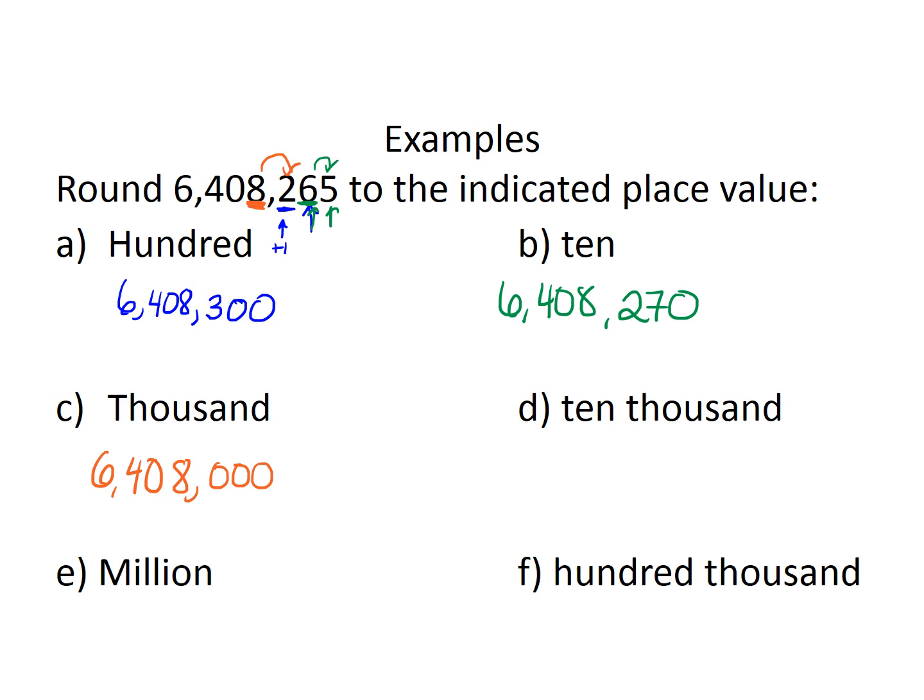And 10,000 is this place, right? It goes thousands, 10,000s, 100,000s. So we're rounding here. So the 6 and the 4 will stay the same. We look at this 0 and we see the number to the right of it is larger than 5. So that means that we're going to add 1 to this and replace the rest with zeros.